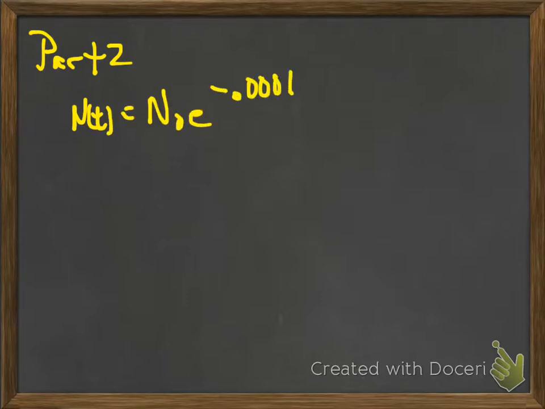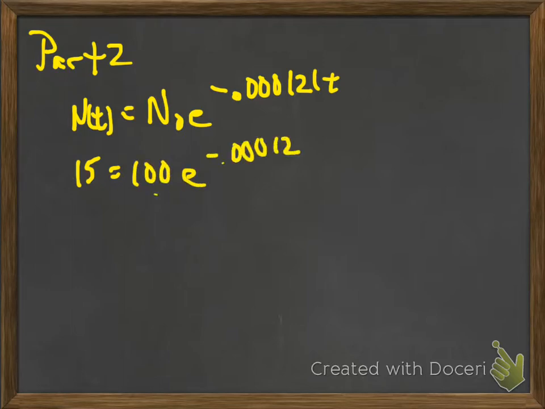Okay, so now we're back to the original problem. Now we put the number in for k, and notice I'm looking for t, because the original question was, how old is this thing? How long has it been? If only 15% is left out of 100%, notice how I'm writing that, 15 and 100. The initial amount is the 100, 15 is what's left. From there, I would divide out the 100. 15 divided by 100 is 0.15.